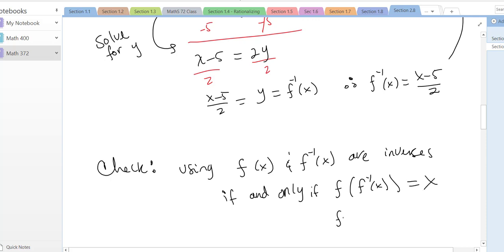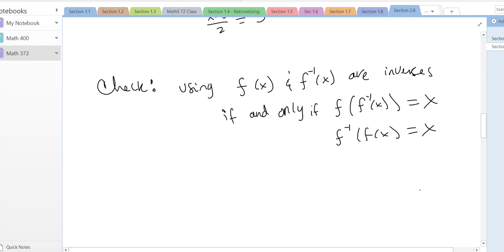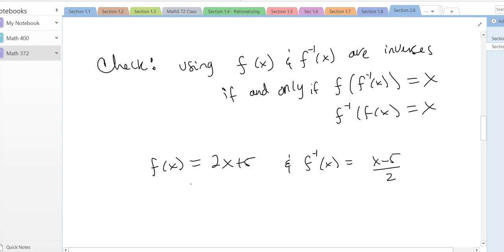Or you can use the other way, f inverse of f of x is equal to x. So if you do the composition of functions, then you should get x. In this case, f of x is equal to 2x plus 5, and f inverse, I'm claiming, is (x minus 5) over 2. So let's see if they are in fact inverses.